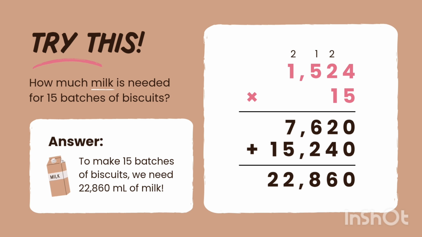When we multiply 1524 by 15 and follow the steps of long multiplication method, we get the answer 22,860. So which means to make 15 batches of biscuits, we need 22,860 ml of milk. This is our answer.